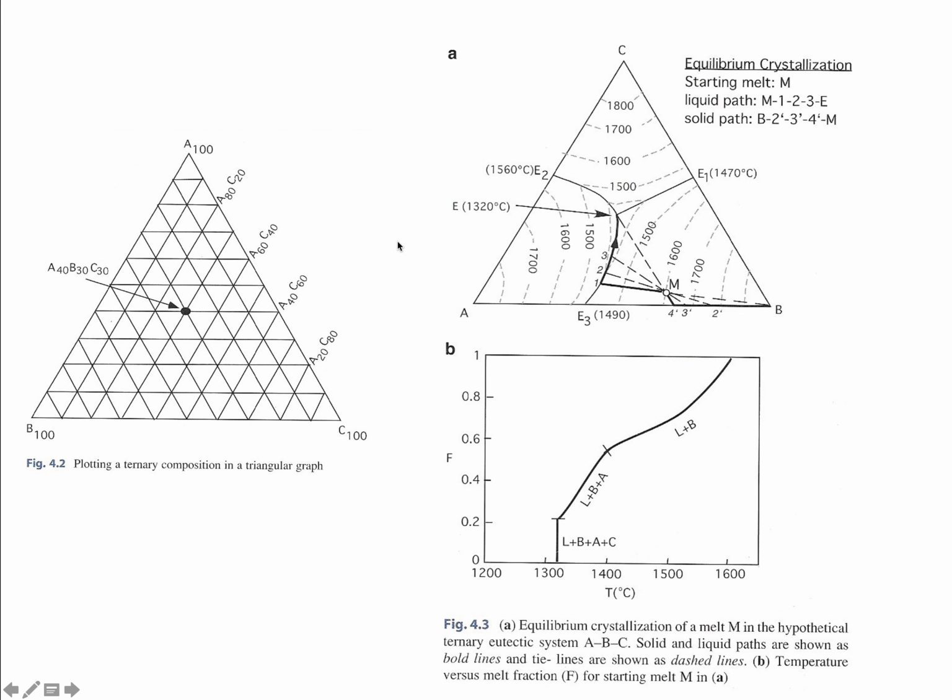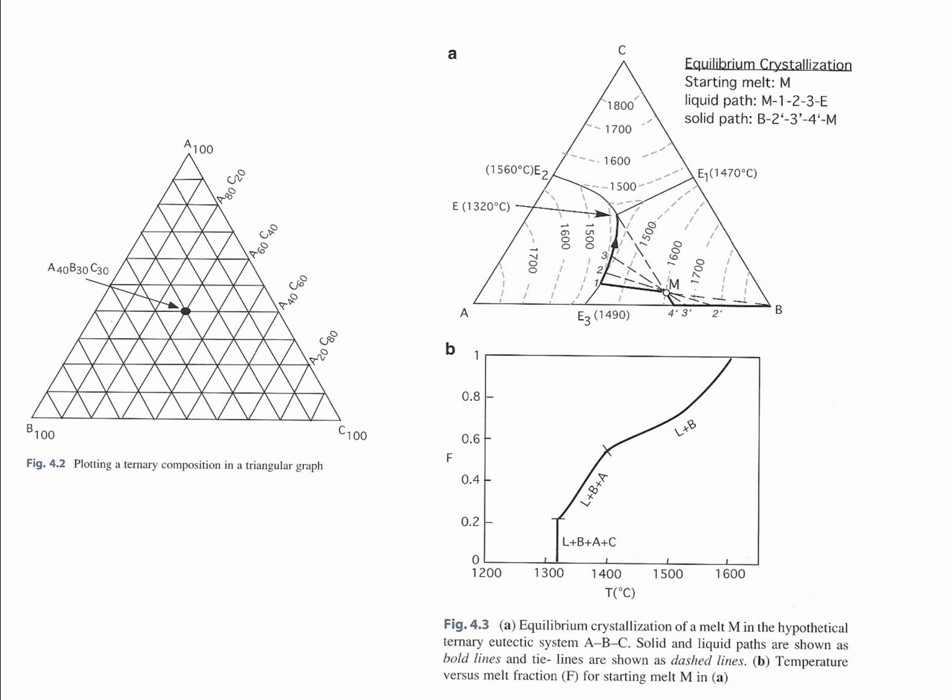So here, for example, we have a diagram number B. We have here the temperature on the x-axis and the melt fraction on the y-axis. So, and here we are starting at 1300 degrees Celsius.